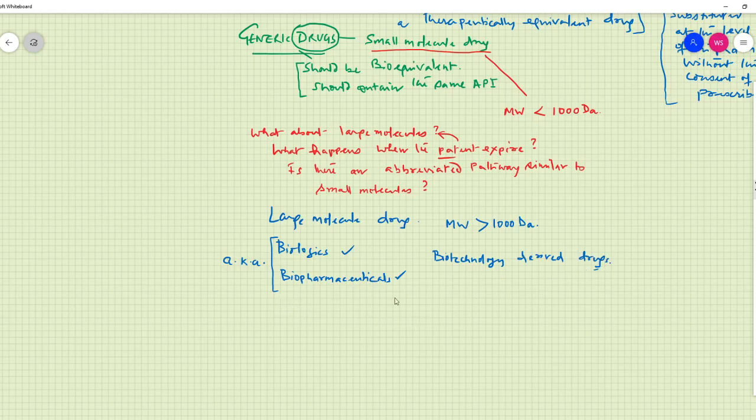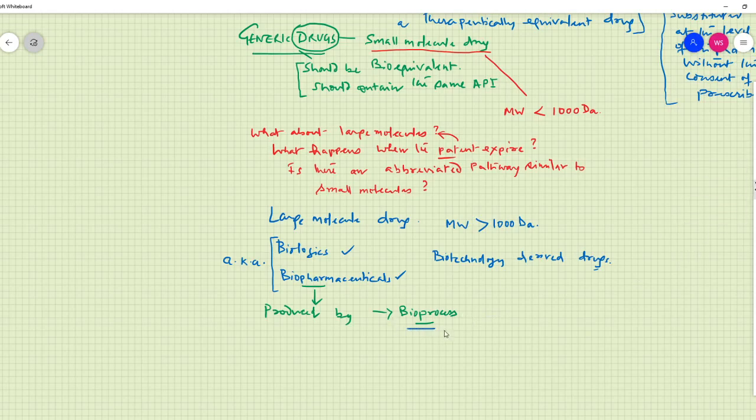Okay. Now, they are produced by bioprocess. Okay. So they are biopharmaceuticals which are produced by a bioprocess. So what is bioprocess?